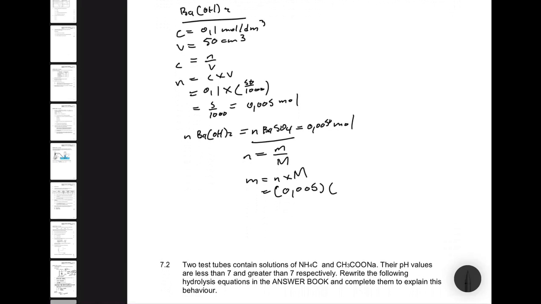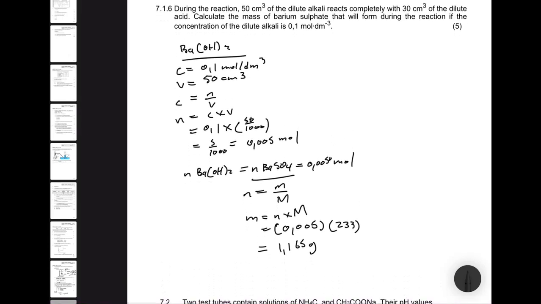If you add the molar mass of barium and SO4, that will give you 233. So 233 multiplied by 0.005 is 1.165 grams. So the mass of the barium sulfate that will be formed will be 1.165 grams. I hope that is clear.